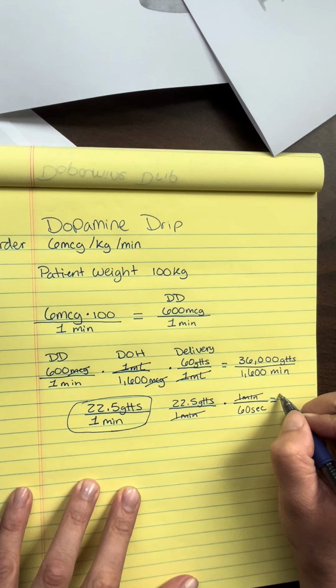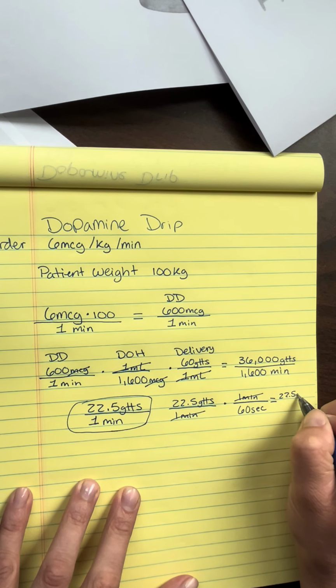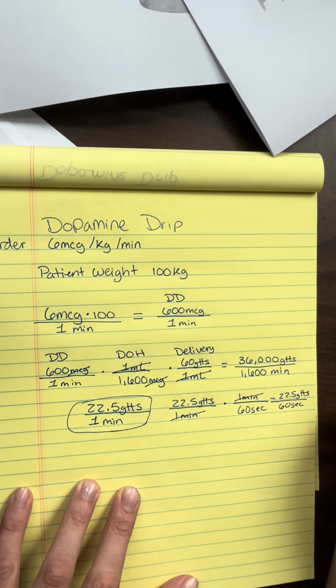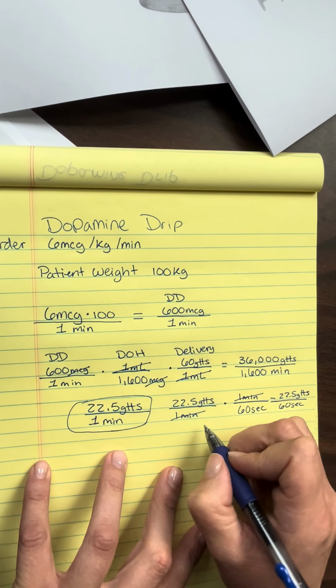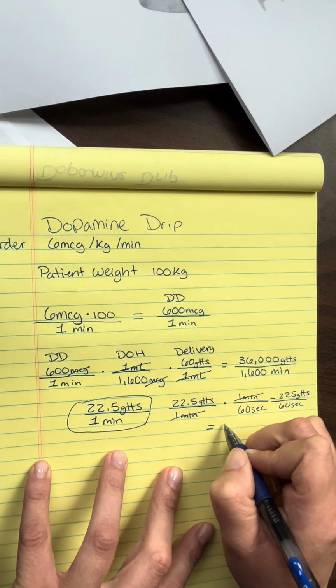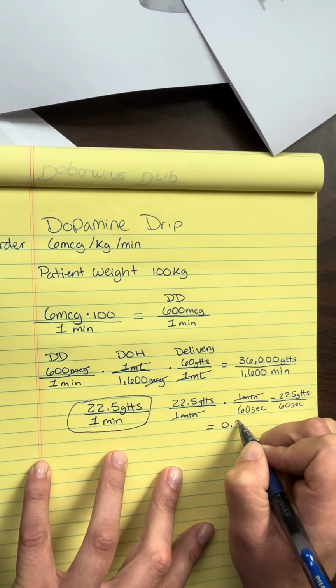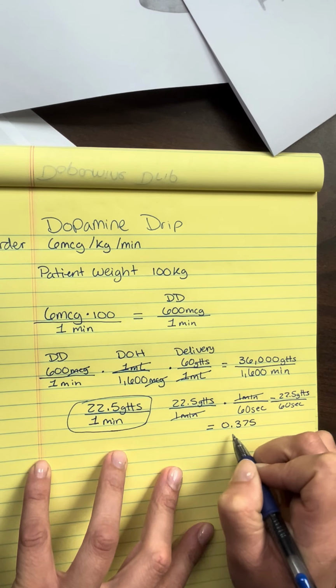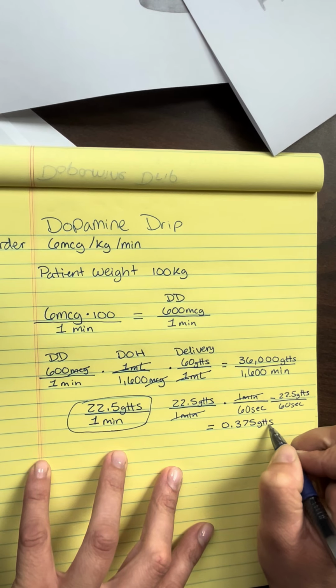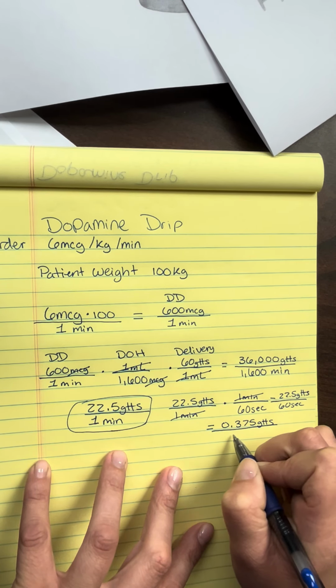So then we have 22.5 drips in 60 seconds. We're going to divide this, and it's going to give us 0.375 drips every 1 second.